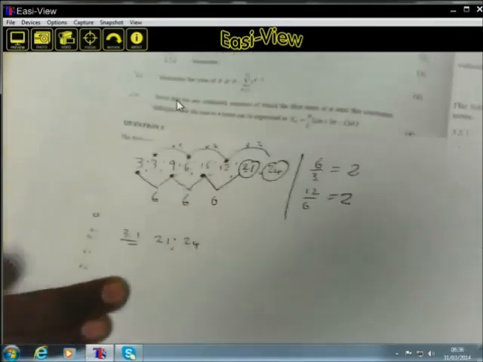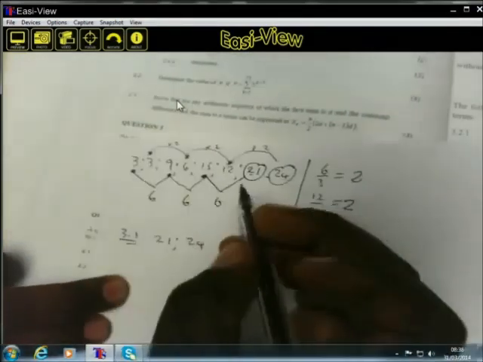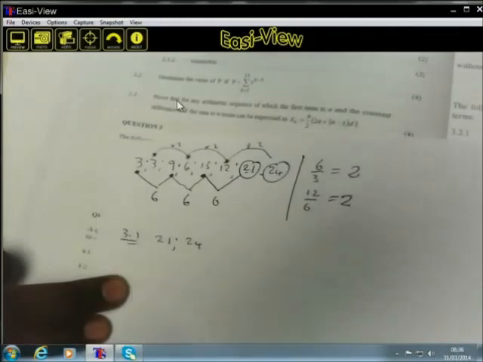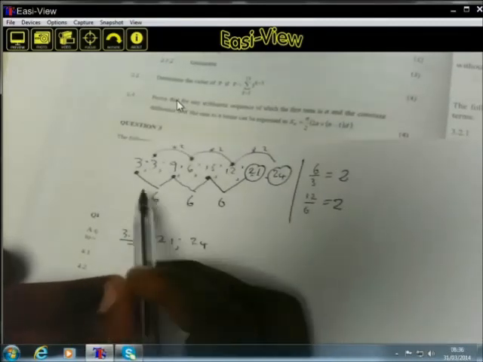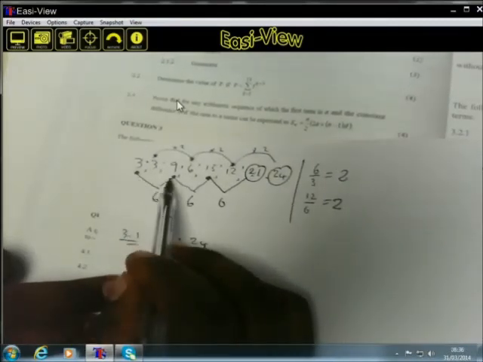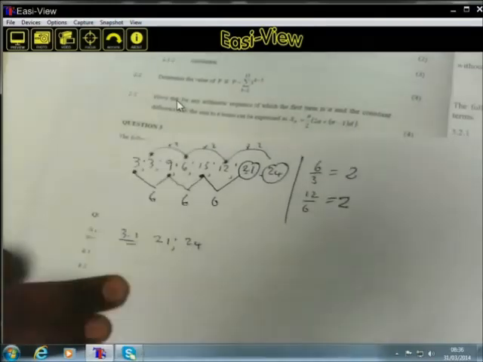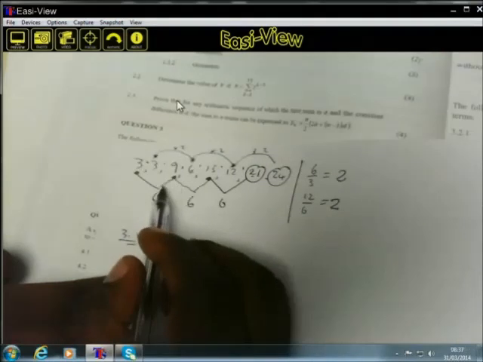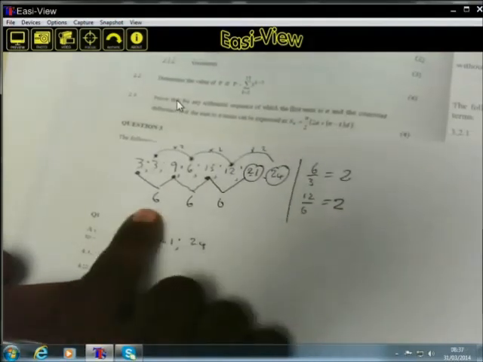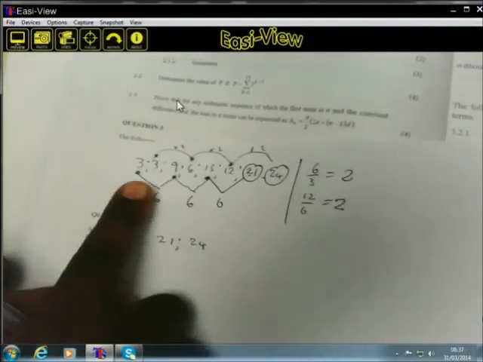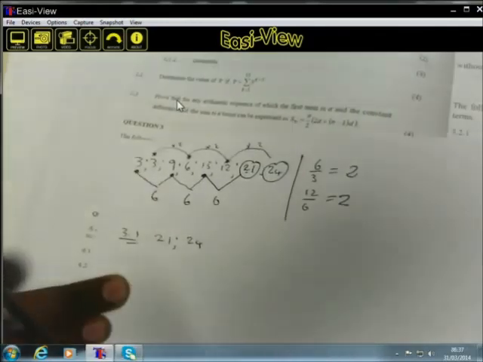If you look closely at what I have done here, you would realize that first, I had to identify which numbers represent the arithmetic sequence. And because it is arithmetic, I used the fact that you add 6, which is the common difference, to the previous term to get the next term.